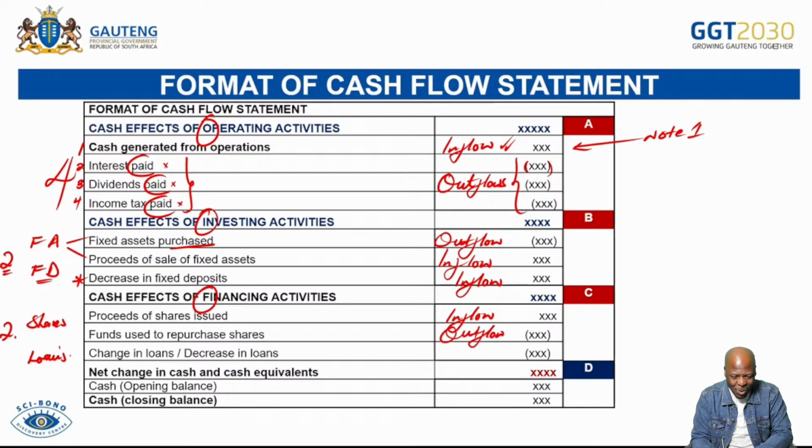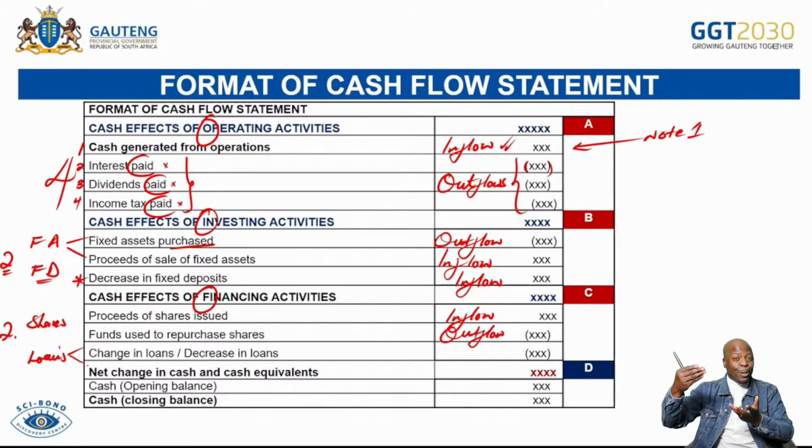And then we come to loans. So loans also have two parts to it. Number one, when we receive a loan, that means cash is coming in. When the bank gives us a loan, that loan comes to our bank account. It's cash inflow. There's another side to it. Remember, it's one coin with two sides. The other side of the loan is when we pay back that loan.